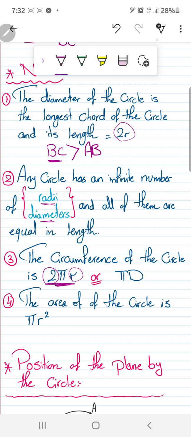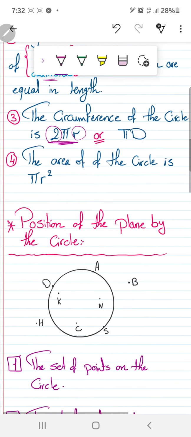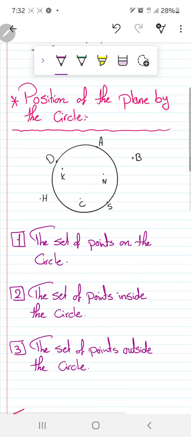Okay, we have the positions of points in the plane relative to the circle. First one, the set of points on the circle. What's the meaning of the set of points on the circle? The points which belong to the circle, like here we have A, D, and S. These points are on the circle.